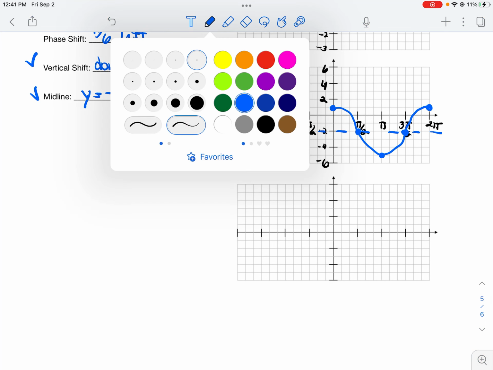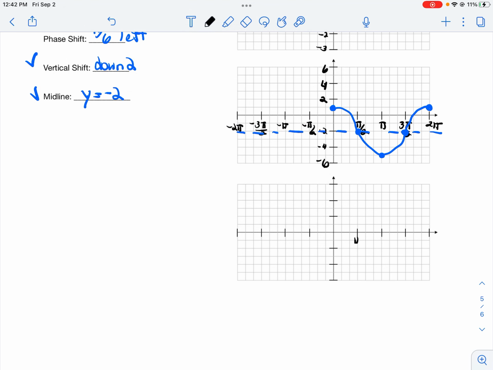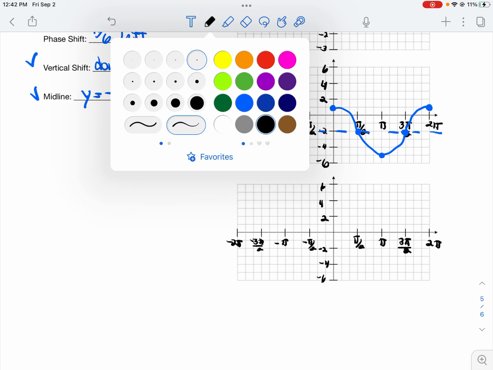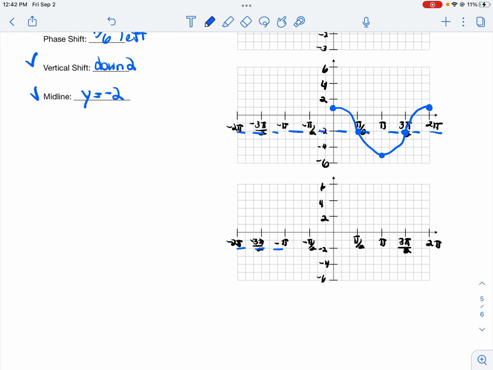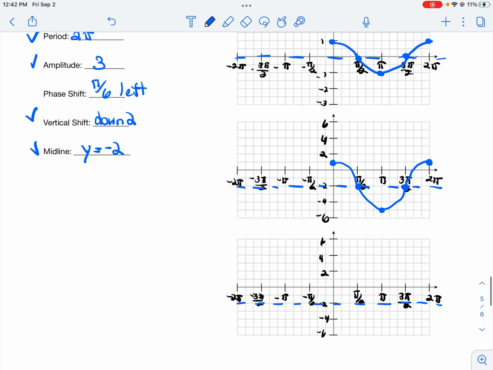And then the last thing I'm going to do is the phase shift. Now the phase shift doesn't affect where the midline is, so I'm going to go ahead and put that back there. But remember, I'm going to the left pi over 6. I'm counting by pi over 2, so it's 90 degrees, and pi over 6 is 30 degrees.